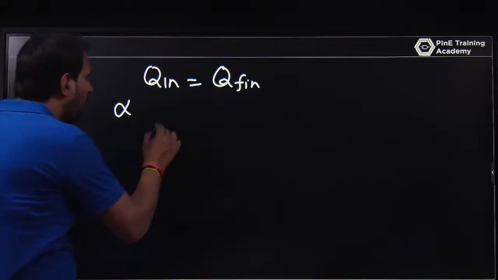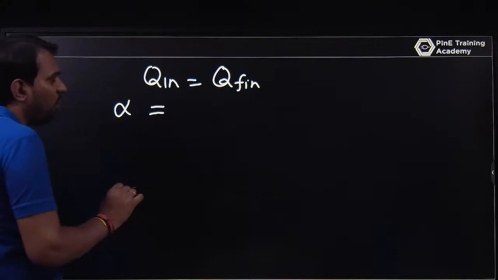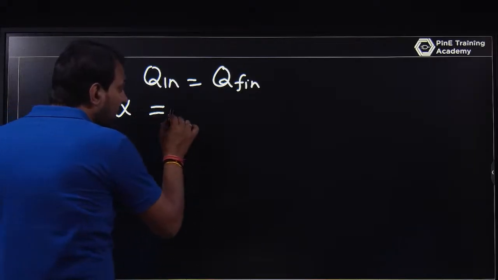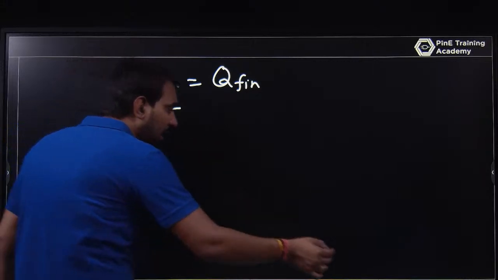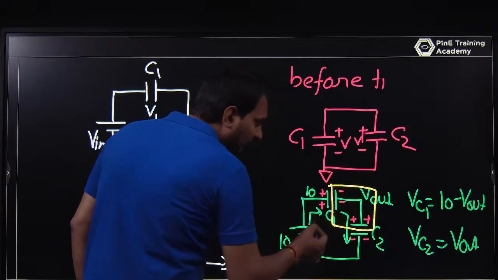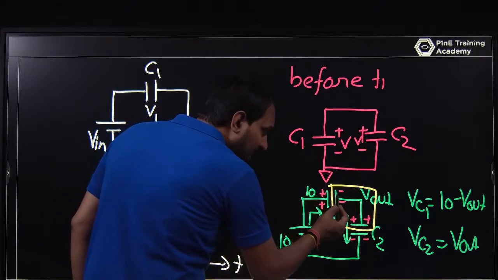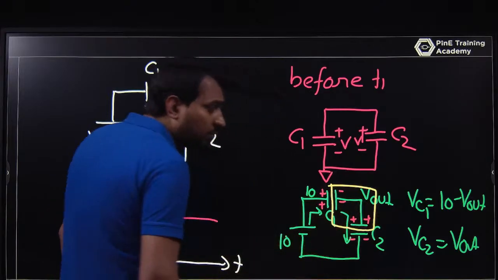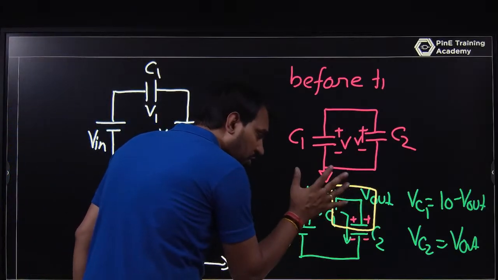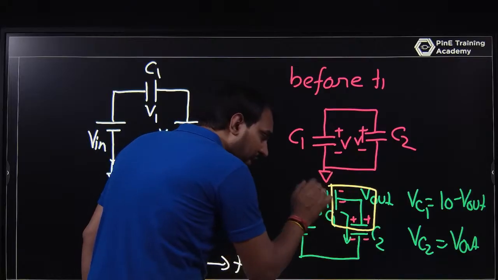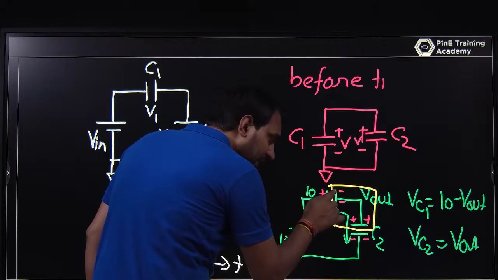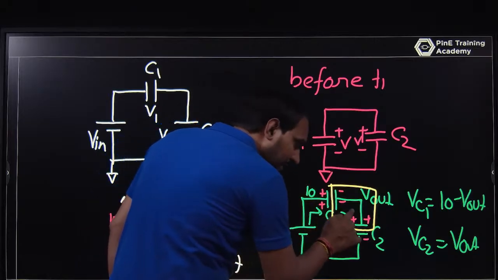And what will it be finally? The C1 charge is negative because this is the negative plate, since you are conserving the charge on the negative side. So this is minus C1 into 10 minus V out. Just be focused. Whenever you are focusing on charge conservation, the direction is important. This is a conductive plate, this is the negative side and this is the positive side.